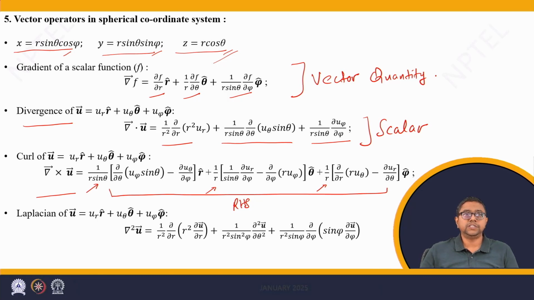Now the Laplacian of any vector is given by Laplacian of u as defined in this expression. Note that this curl of a vector is always a vector, while the Laplacian is a scalar quantity.